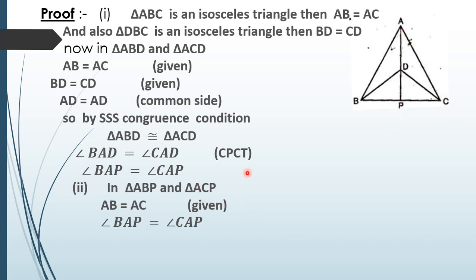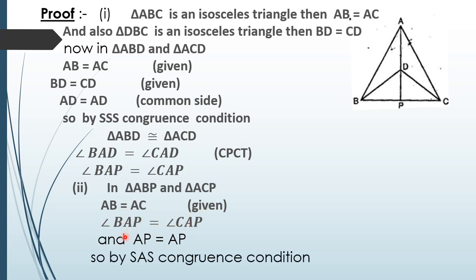It is proved above. And the third thing is side AP, again the common side for both the triangles. So here we are getting side, angle, side, and this angle is the included angle between these two sides. So by the SAS congruence condition, triangle ABP and triangle ACP are congruent.